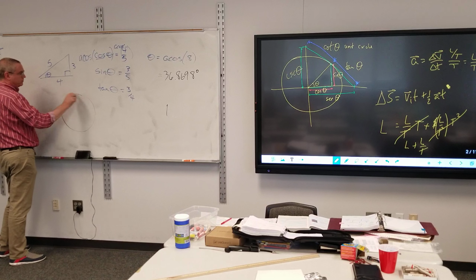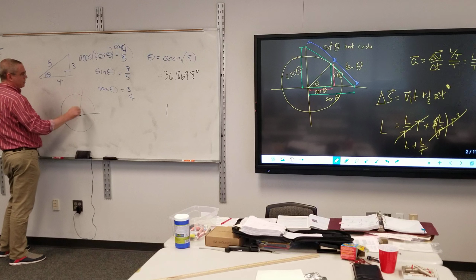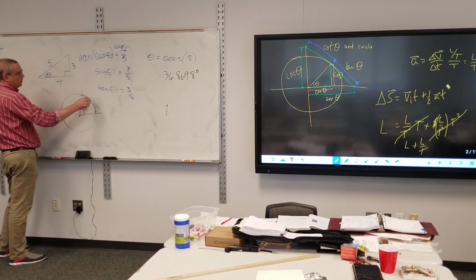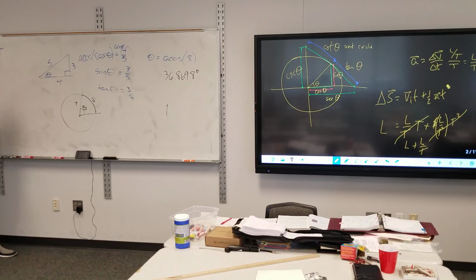If I take a circle here, and some angle here, theta, I have an arc length, I have a radius, arc length we'll call S. What's the relationship between S, r, and theta?